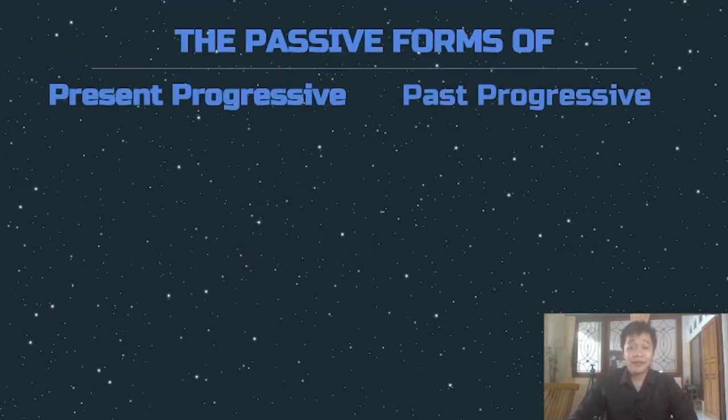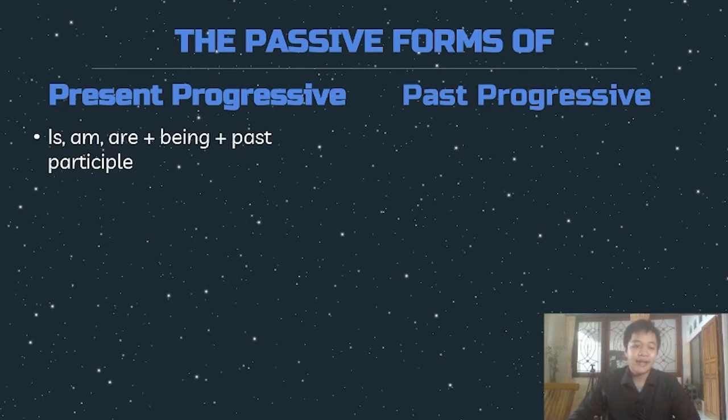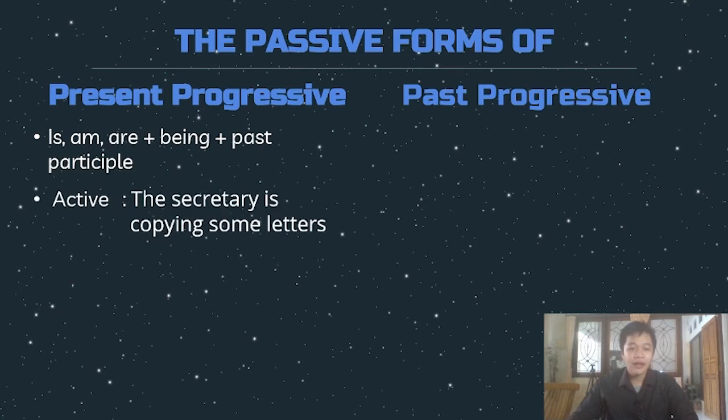Next, the passive forms of present progressive and past progressive. The passive form of present progressive is am, is, or are, depending on the subject of the sentence, plus being plus past participle. Example, the active present progressive: the secretary is copying some letters.